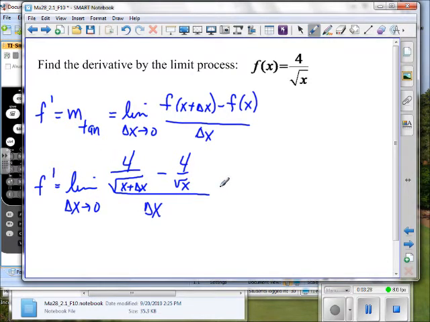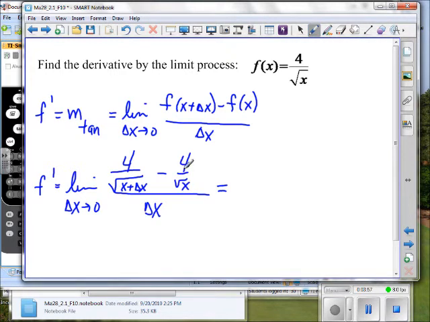Now, we've got a lot of algebra to clean up here. A lot of algebra. First thing I suggest we do is that we rewrite this numerator. I'm just going to work on the numerator for a while. Now, I've got to bring everything else along at each step I do, but we're going to focus on the numerator. That numerator is 2 fractions with 2 different denominators.